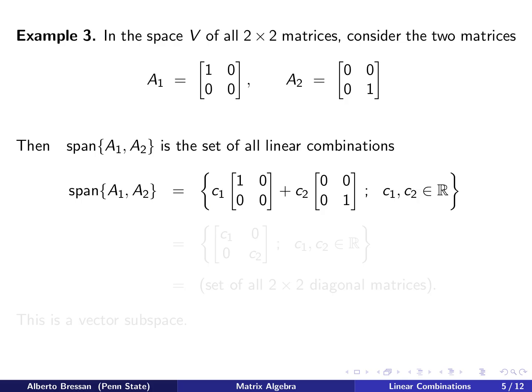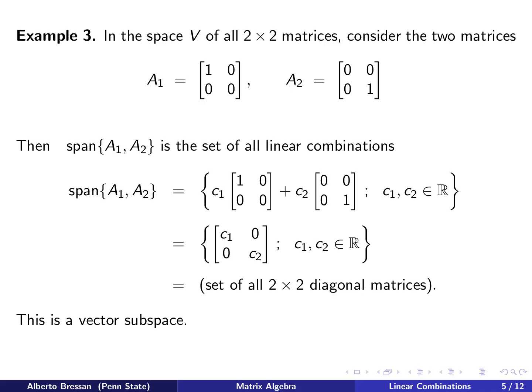So it's C1 times A1 plus C2 times A2 for C1 and C2 in R. Okay, let's multiply it in and add up. So I get C1 here, and I get C2 here, and you add up these two matrices, and then you will get a 2 by 2 diagonal matrix, which has C1 and C2 on the diagonal, and C1 and C2 are just any real numbers. Then you see this is the set of all 2 by 2 diagonal matrices. And we have seen earlier that this is a vector subspace.